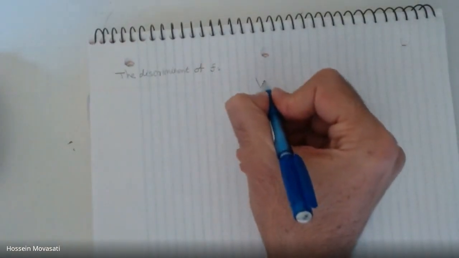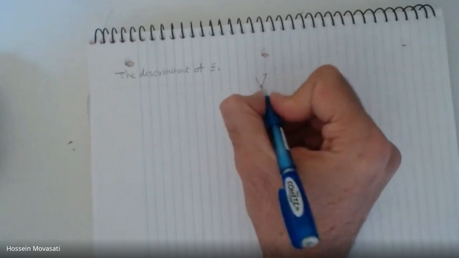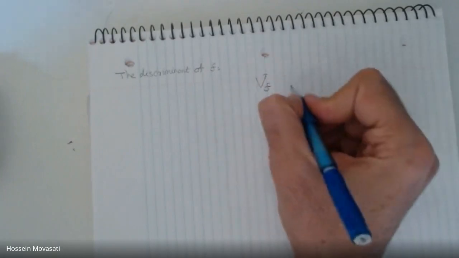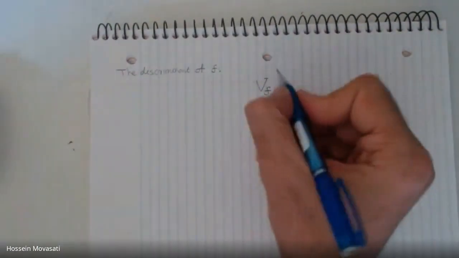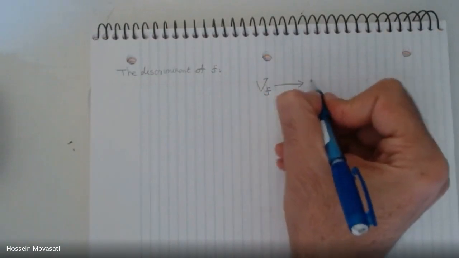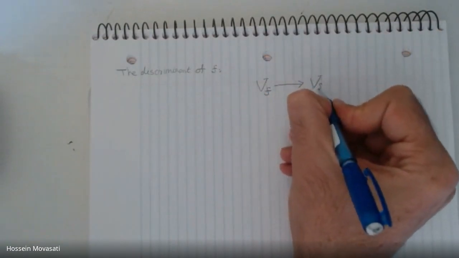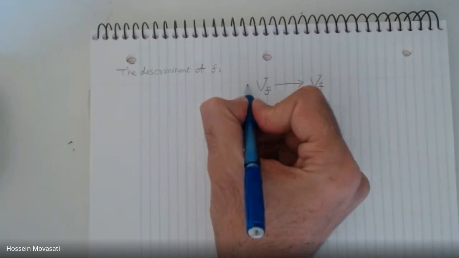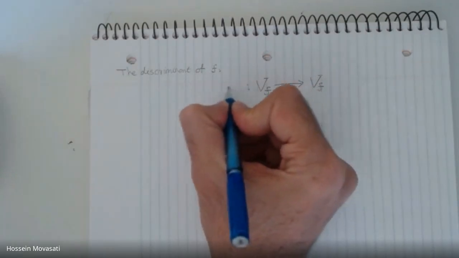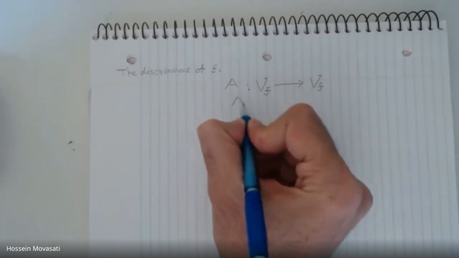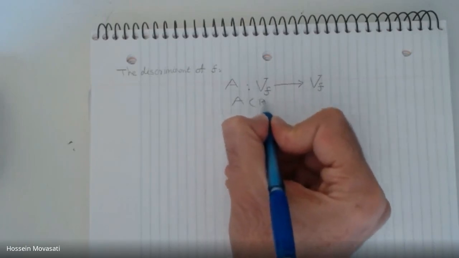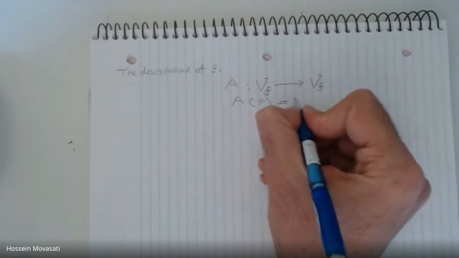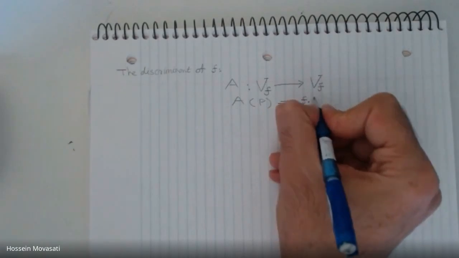So we have this Vf, and I am going to define a map from Vf to Vf. What is this map? If I have a polynomial p, I will just multiply p by f. It is just multiplication by f.